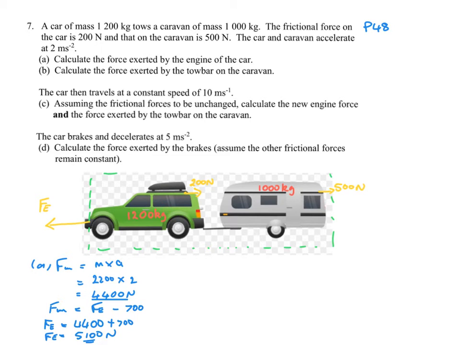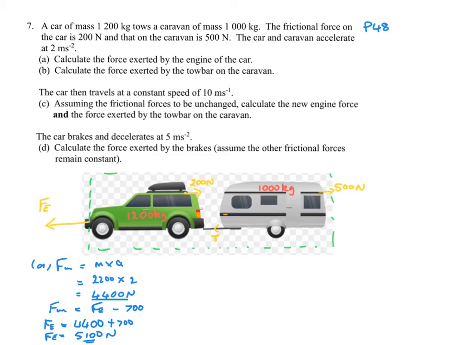Likewise, when we're completing part B here, to calculate the force exerted by the car on the caravan to pull it along, we'll have to take account of the frictional force that's acting, but just on the caravan this time. So in terms of forces, we're trying to work out this tension force which acts in the coupling between the car and the caravan.